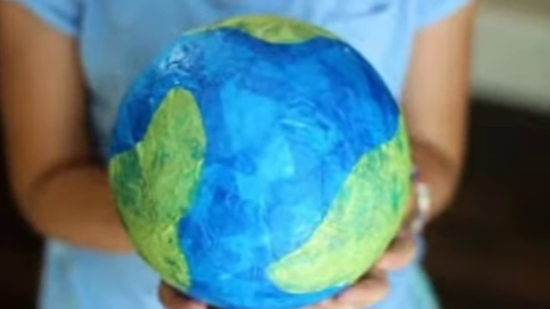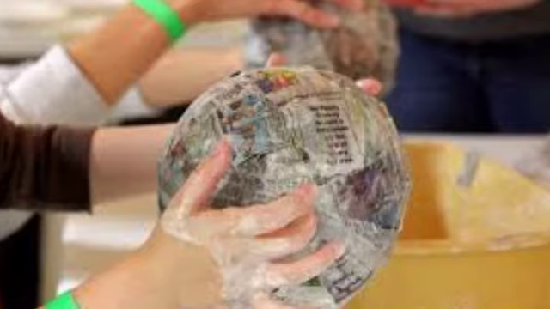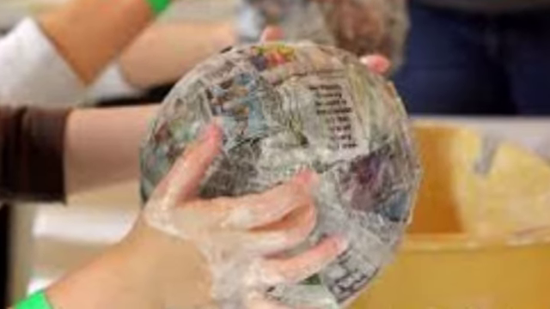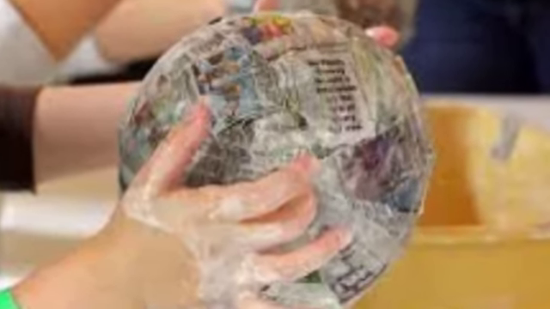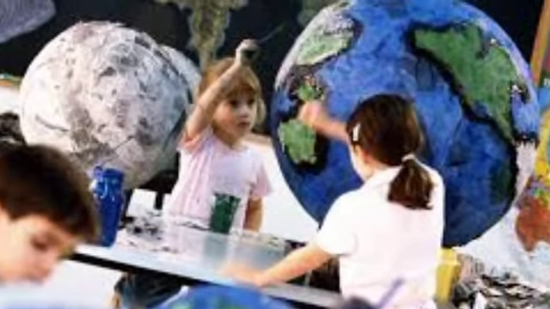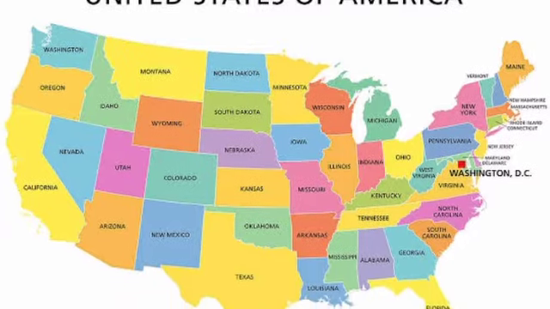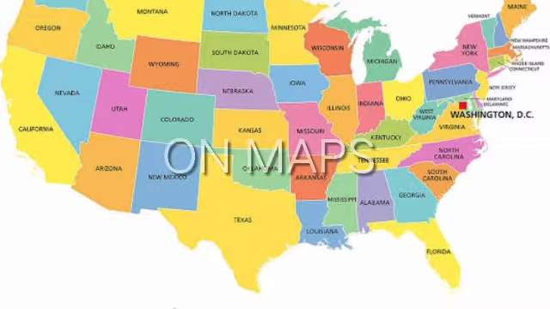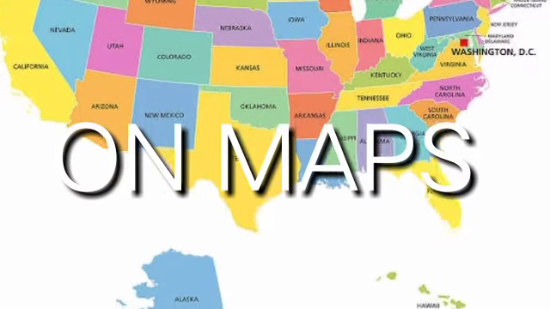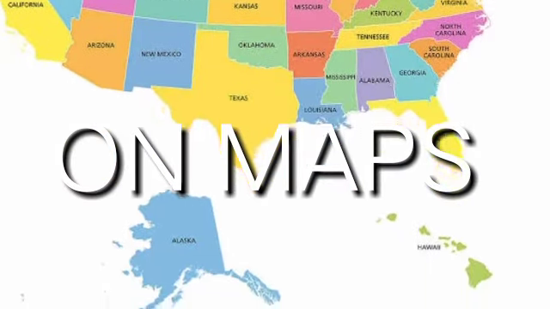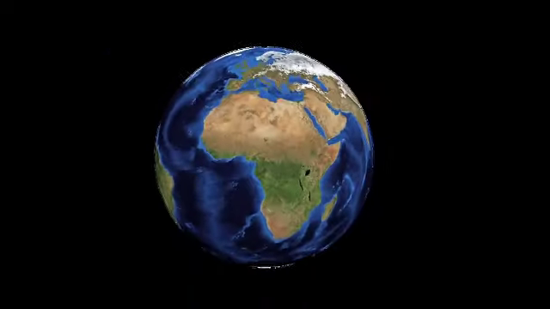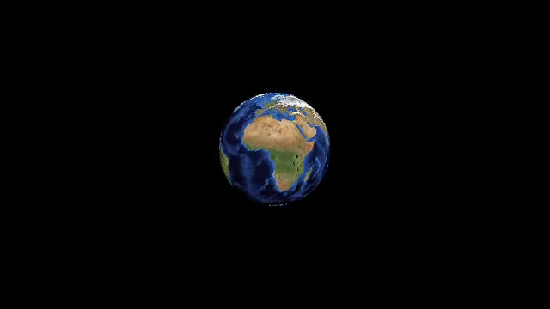So, it is not possible to make an accurate map of a curved surface. But small areas can be represented fairly accurately on maps. So this makes maps useful tools to study the earth or any part of it.